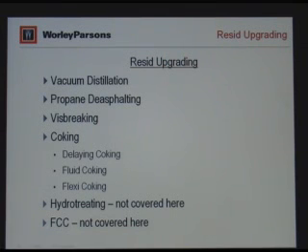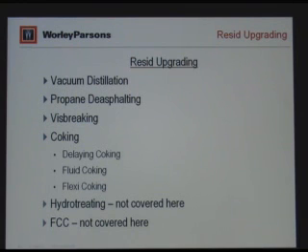So instead of just a regular atmospheric tower, you have a vacuum tower. Second one we're going to talk about is propane deasphalting, and next one is visbreaking, and then coking, and we have 3 different varieties of coking, and we're going to concentrate on delayed coking.